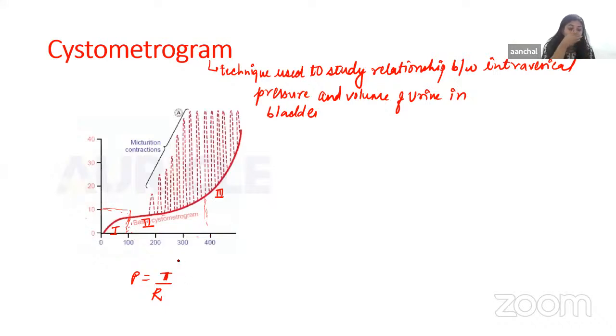So this is the law of Laplace. According to the law, the pressure in a spherical organ is inversely proportional to the radius. Okay, so the tone remains constant here. Okay, then finally we have this third segment. After 400 ml of fluid is collected, there is contraction of the detrusor muscles, which are the muscles present in the urinary bladder.